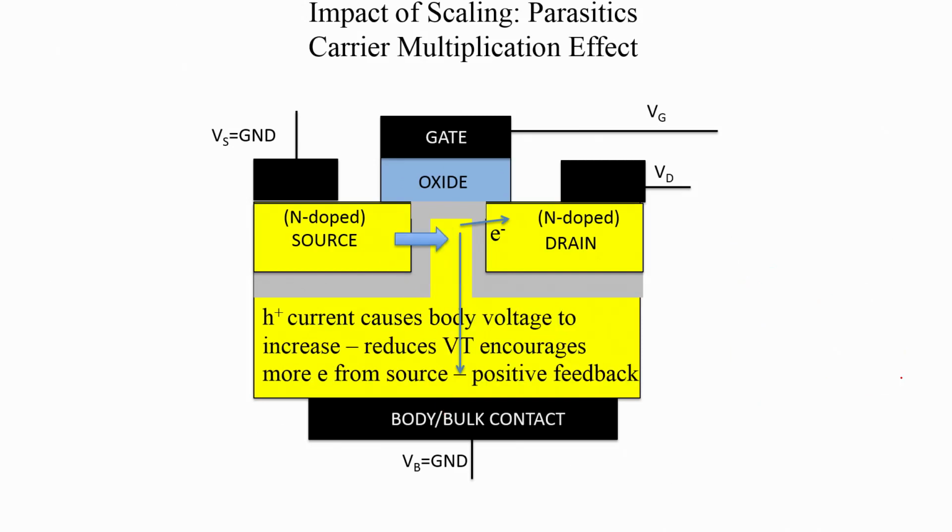If you reduce the threshold voltage, you are going to encourage more electrons to get in from the source, and this is going to further create more electron-hole pairs, and this positive feedback mechanism can lead to an instability which will eventually destroy the device.